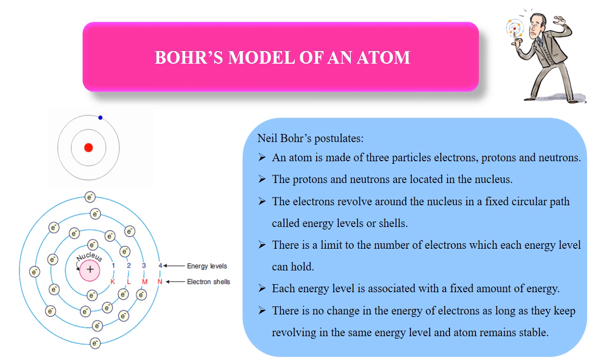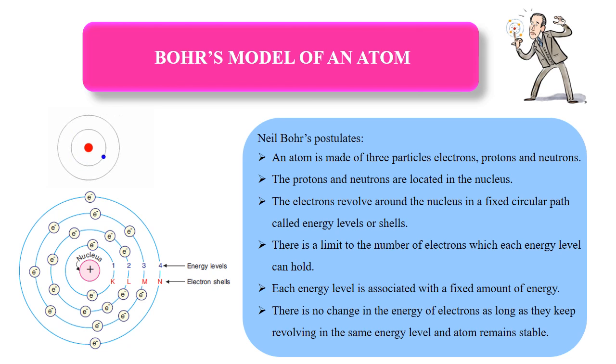They are neutral, and an atom as a whole is also neutral. Secondly, he proposed that the protons and neutrons are located in a small nucleus at the center of the atom. Due to the presence of protons, the nucleus is positively charged.